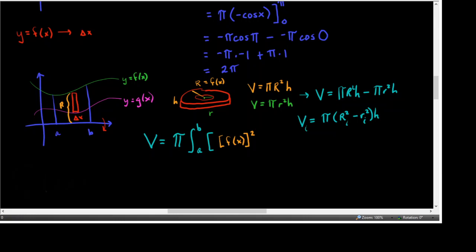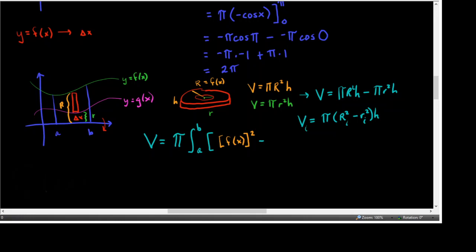Then we want to subtract, according to our formula over here, it's big R squared minus little r squared. So let's subtract, and now we need to find an expression for little r. And little r is always measured from the axis of revolution to the close end of the strip. Let me say that again because that's really important.